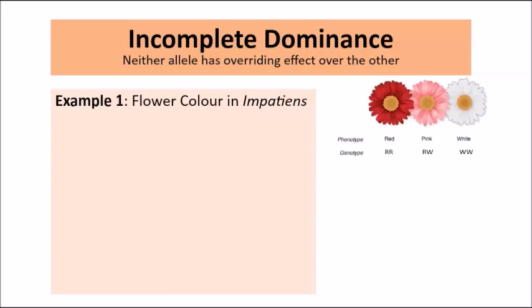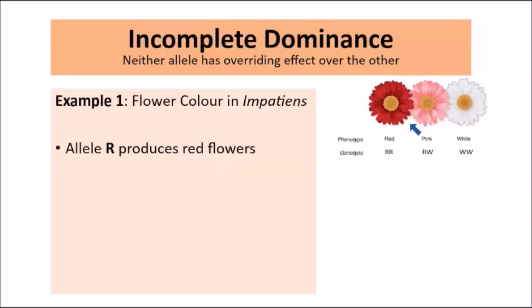So we're going to look at the first example, which is flower color in a particular species of flowers known as impatiens. Allele R would produce red flowers. When you have a red flower, that phenotype is produced because of the genotype RR.